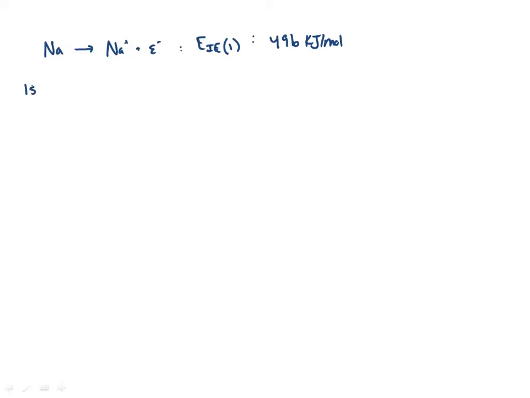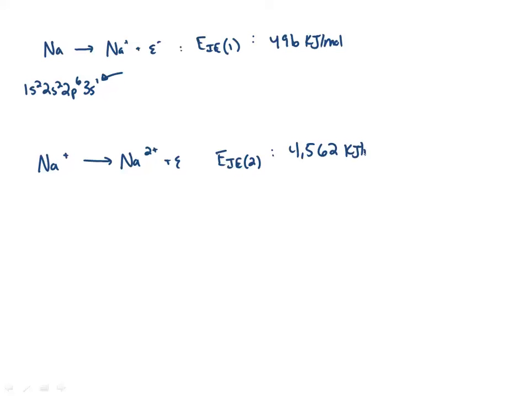Notice that that's going from 1s2, 2s2, 2p6, 3s1. That's the electron I'm removing, right? Now if I take a look at sodium plus going to sodium 2+ plus an electron, that ionization energy for that second electron is a huge amount more, 4,562 kilojoules per mole. 1s2, 2s2, 2p6. Notice that that's the shell I'm removing the electron from.